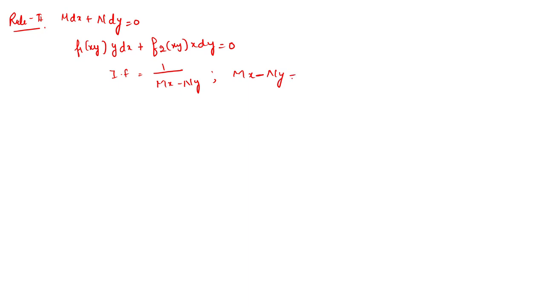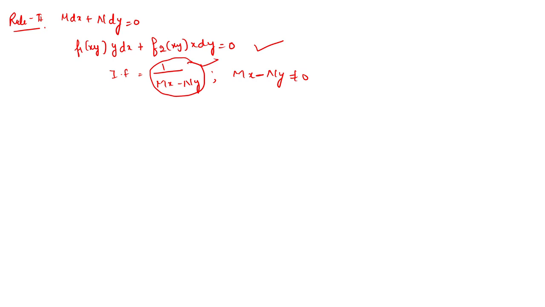If your equation is not exact and your equation is of the form f1(xy) y dx plus f2(xy) x dy, then in this case we will find the integrating factor, that is 1 by (Mx minus Ny), where Mx minus Ny is not equal to 0. So if our equation is of this type, then we find the integrating factor by this method, and then we will solve the equation.